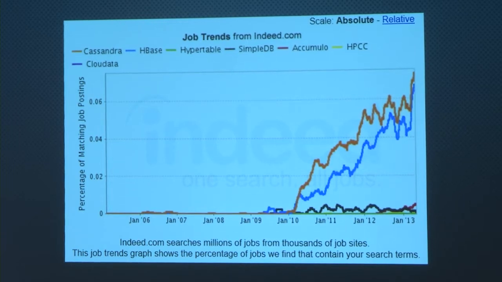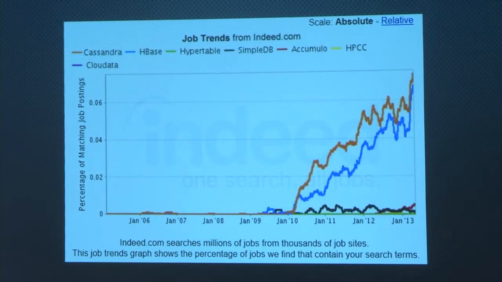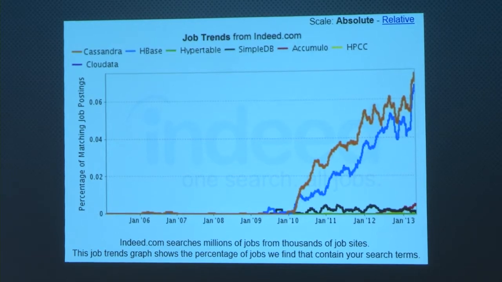So this is basically saying that you probably won't go too wrong if you pick either one. These databases will not be abandoned, basically. The 0.06 means that in 0.06% of all job listings on Indeed.com, HBase or Cassandra shows up as a keyword.